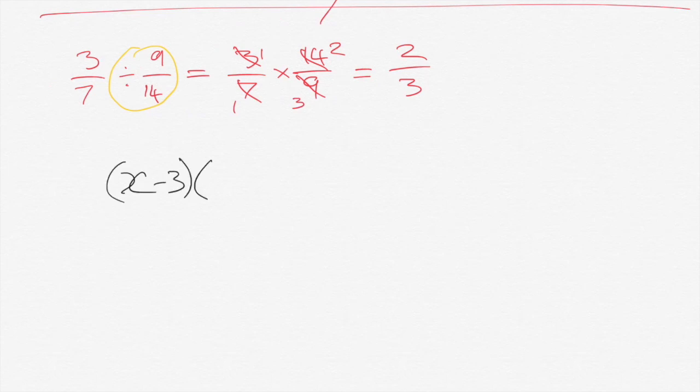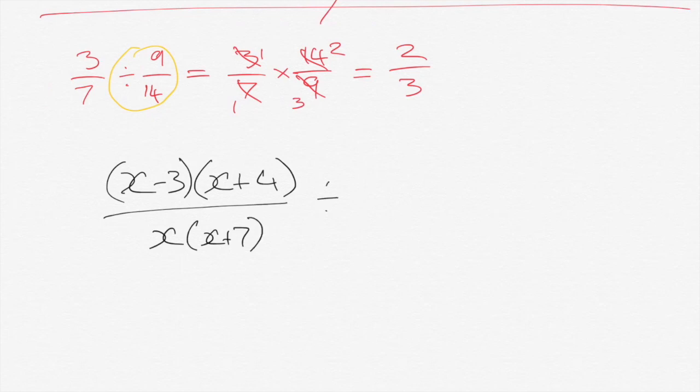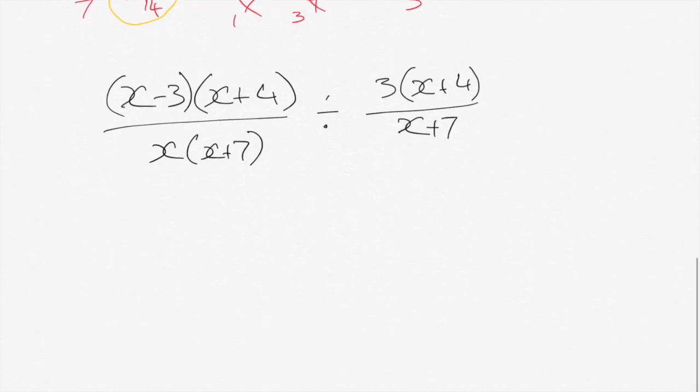X minus 3 lots of x plus 4 all over x lots of x plus 7. That fraction is going to get divided by 3 lots of x plus 4 all over x plus 7. How do we tackle this problem?